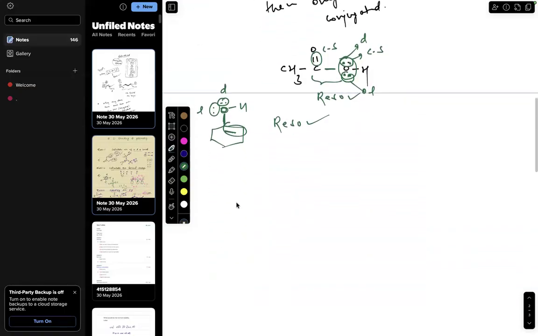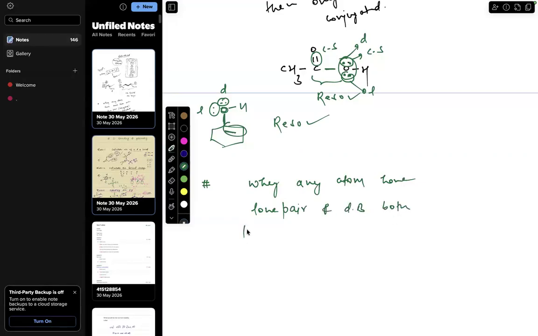The last point of this: when any atom has a lone pair and a double bond both, then the double bond will take part in resonance.